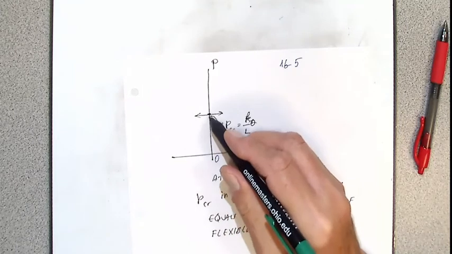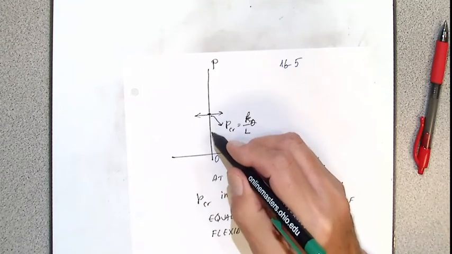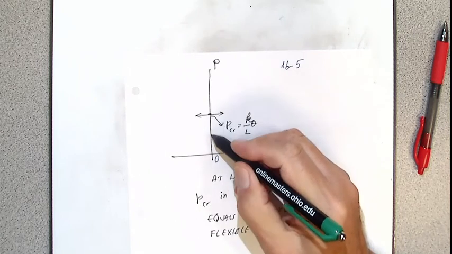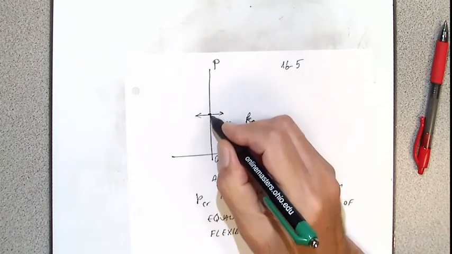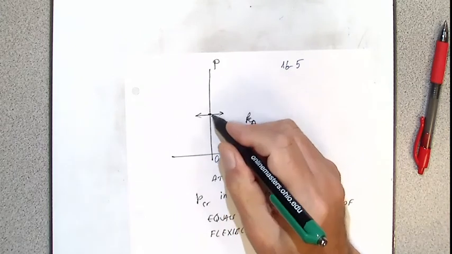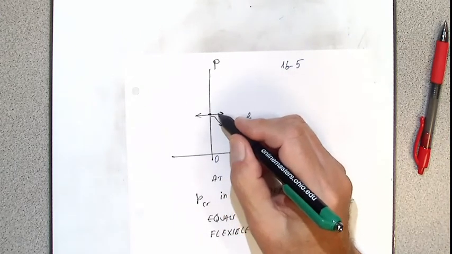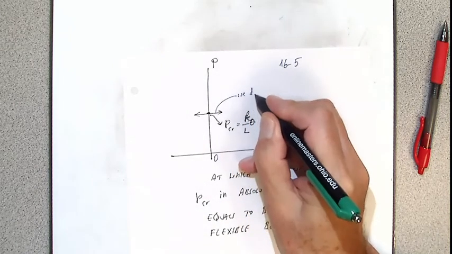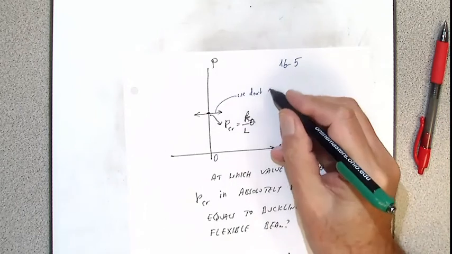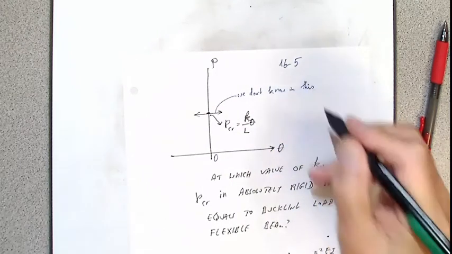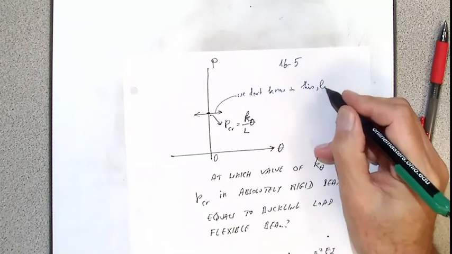Everywhere until we reach this critical value, displacement is 0. Theta is 0, so that is where we are. Now at this value, P critical, displacement is not 0. We don't know how much the displacement is in this linear theory.